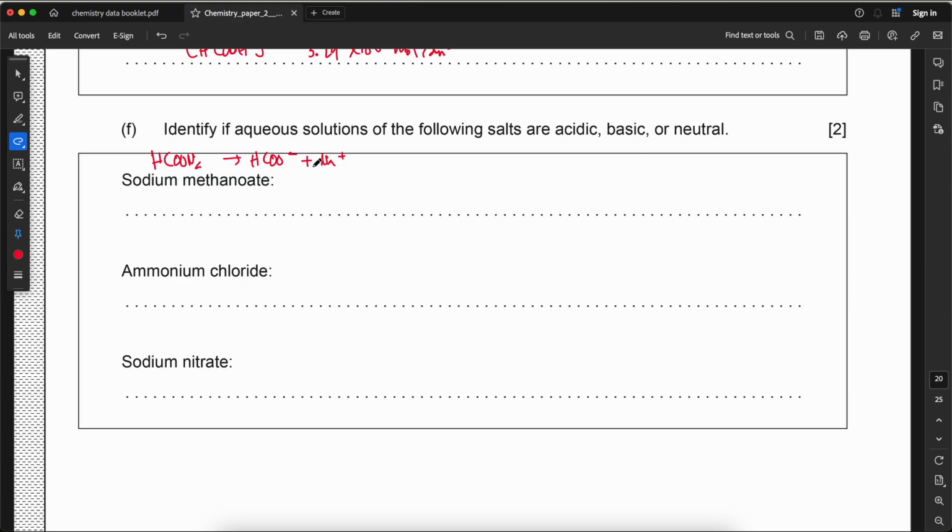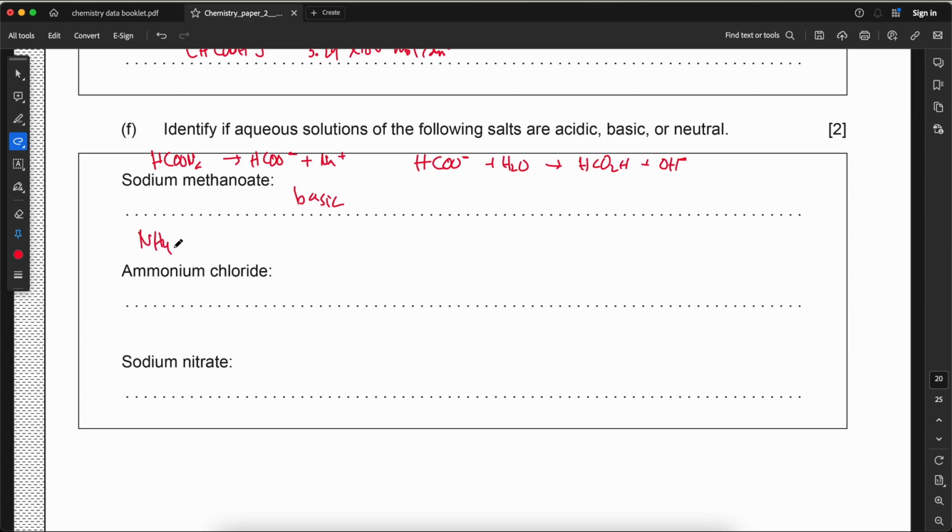This HCOO⁻ will be hydrolyzed slightly in water, and when it reacts with water, it will produce HCO₂H and OH⁻. Therefore, it's basic.